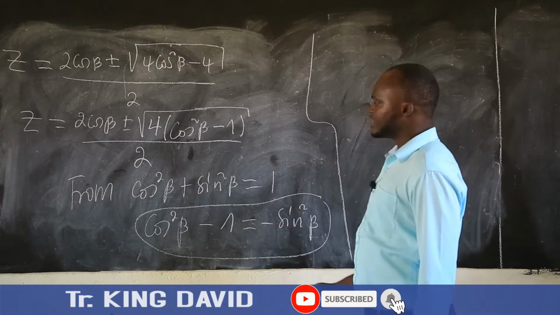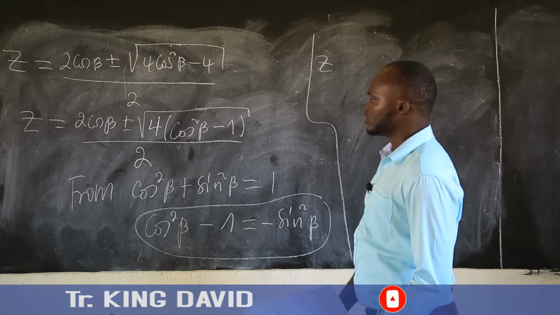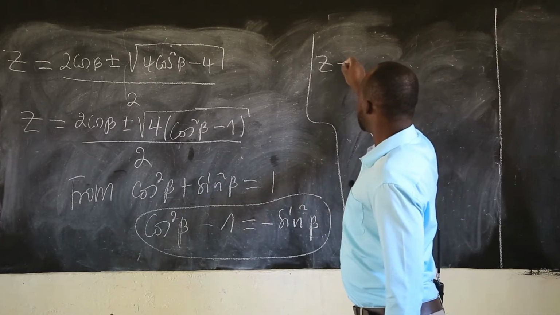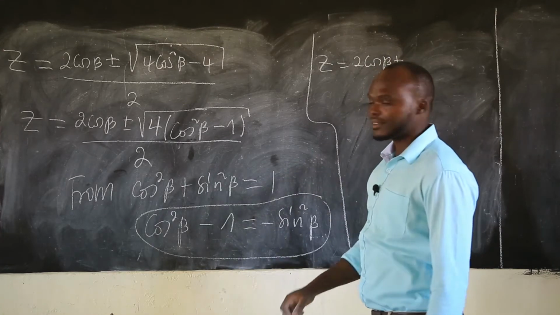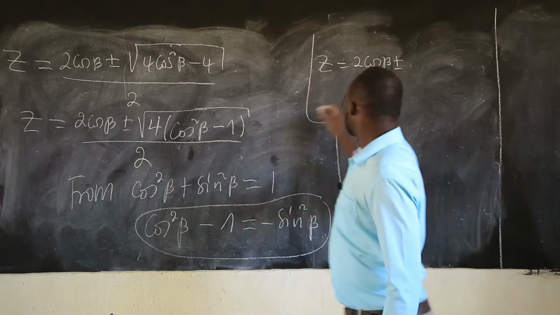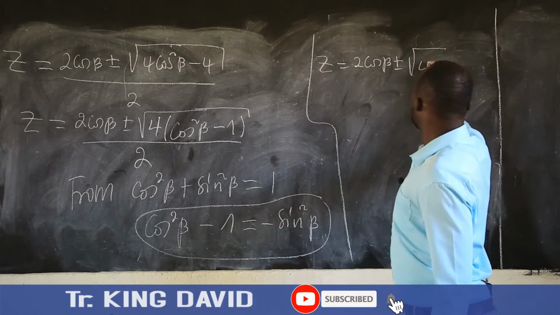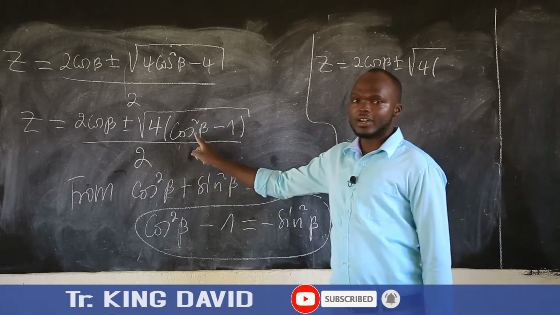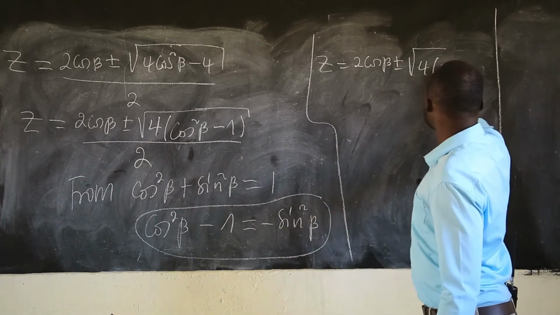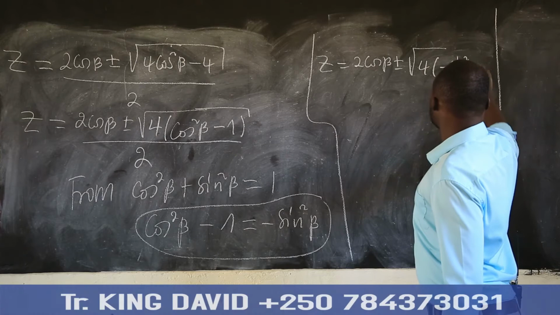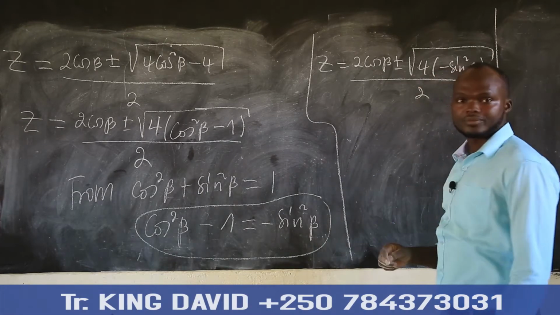So which means that our z will be equal to 2 cos beta plus or minus the square root of 4 into bracket, where the value of cos squared beta minus 1 is negative sine squared beta, then divided by 2.